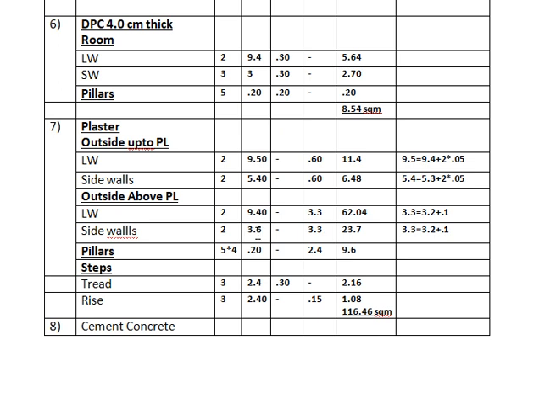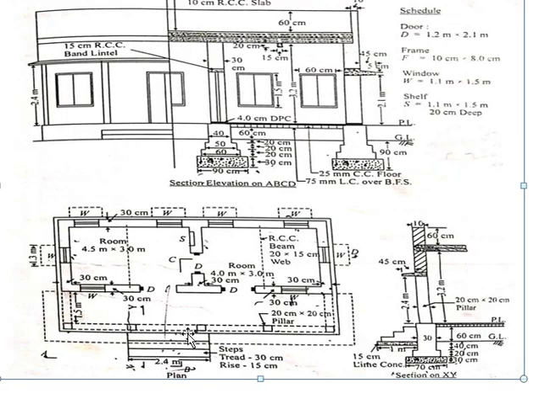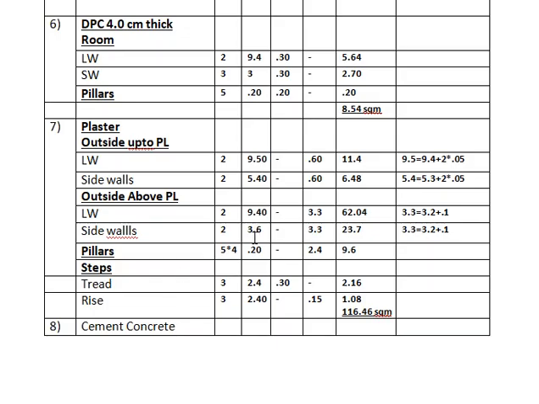Keep one thing in mind: above plinth level the side wall will be only 3.6, while here it is 5.4, because the veranda is only up to the height of the plinth level. Above it, it is not provided. That is why we are considering only 3.6 here. Multiply them and you will get the quantity.